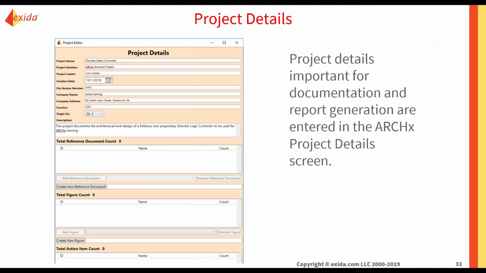Of course, we have to generate documentation. So ARCHx allows you to enter lots of project details: names, numbers, project leaders, staff, creation dates, version numbers, companies' names and addresses, target SIL levels, target security levels, if that's applicable, and a bunch of additional reference material, including figures and reference documents as required.